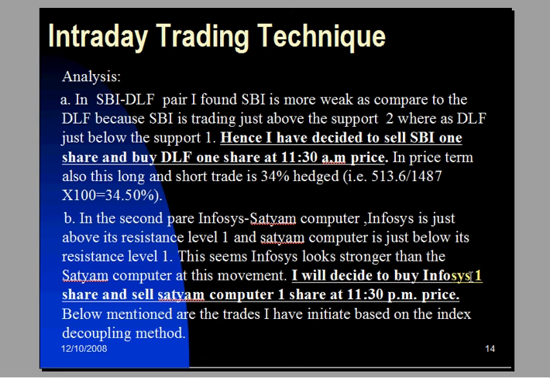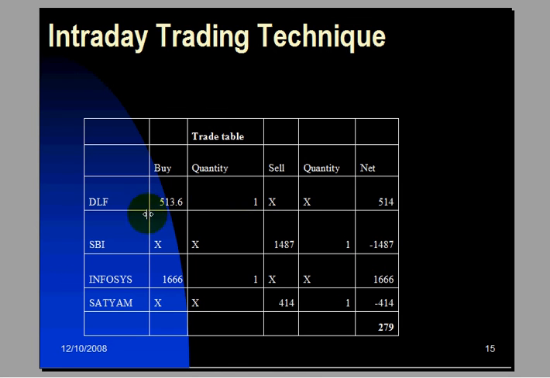To make this method simpler, I chose one share of each counter. So I will be buying one share of DLF, selling one share of SBI, buying one share of Infosys, and selling one share of Satyam.